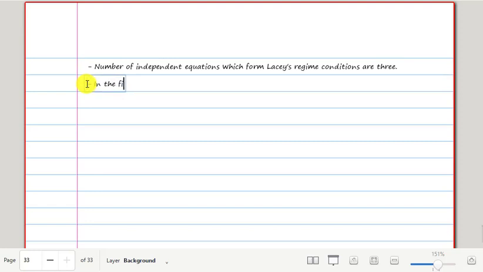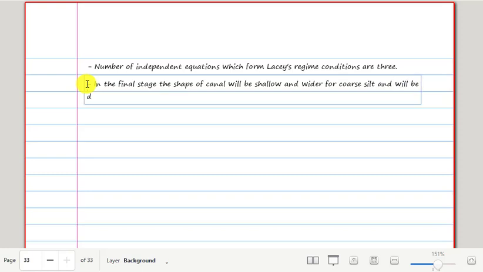And in the final stage or final regime condition, the shape of the canal will be shallow and wider for coarse silt and will be deep and narrow for fine silt. Got it?